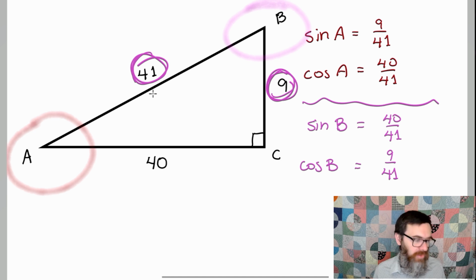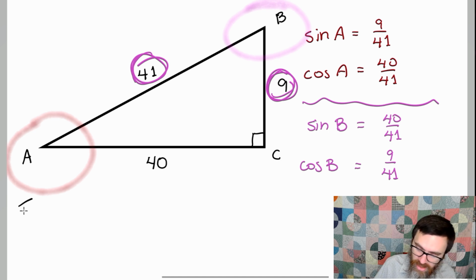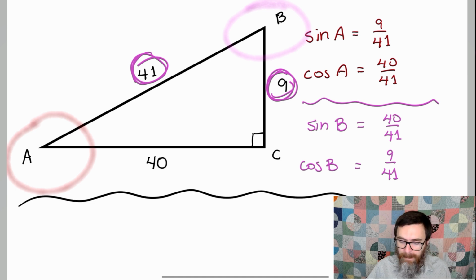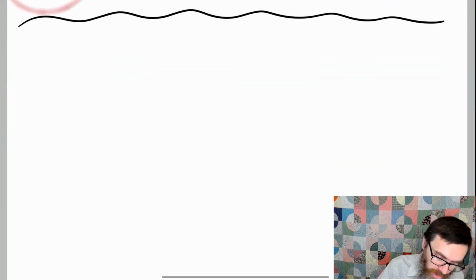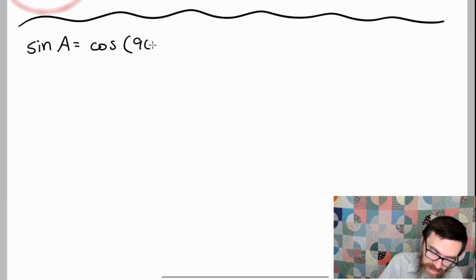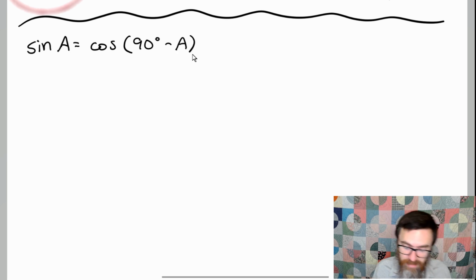Taking this, that leads us to some nice statements, and that comes down to the cofunction identities. Again, it's all about these guys being related to each other by being complements. A and B are complements of each other. So we can say the following: the sine of A is going to equal the cosine of 90 degrees minus A, because these guys are cofunctions of each other.